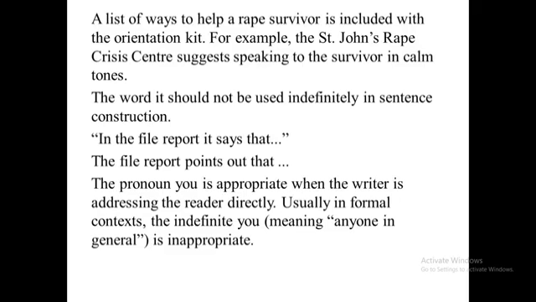The word it should not be used indefinitely in sentence construction. In the file report, it says that... The file report points out that... The pronoun you is appropriate when the writer is addressing the reader directly. Usually in a formal context, the indefinite you, meaning anyone in general, is inappropriate.